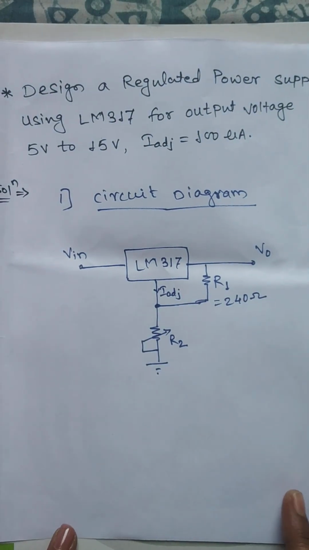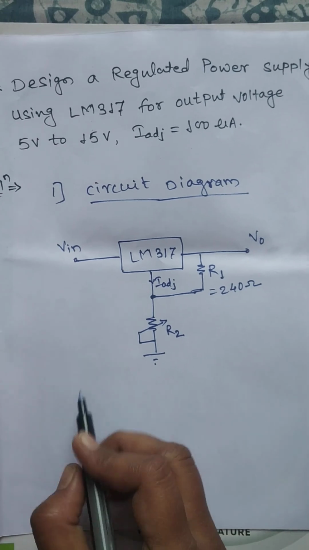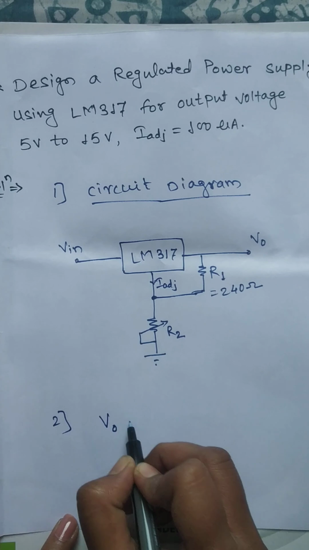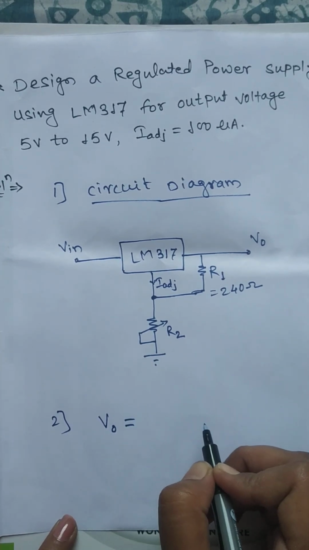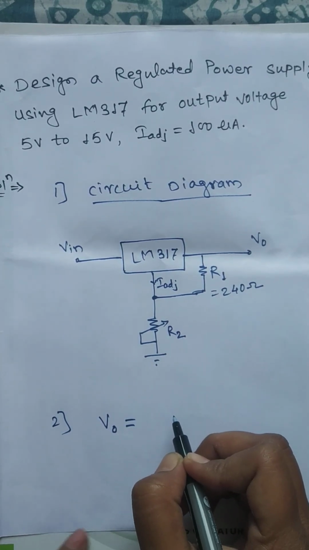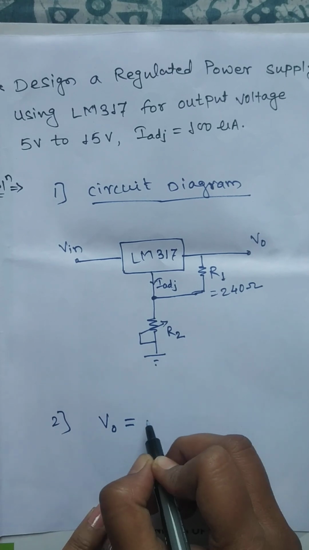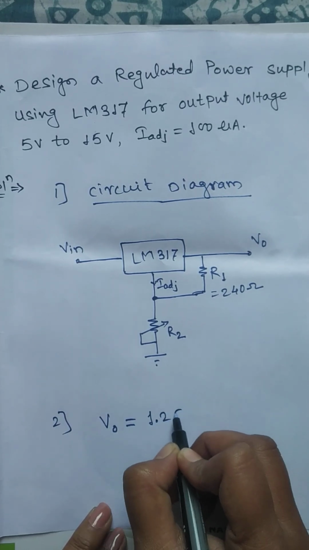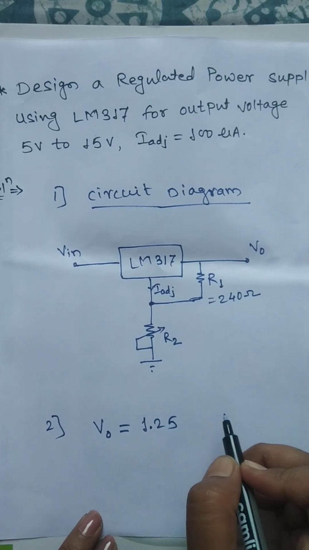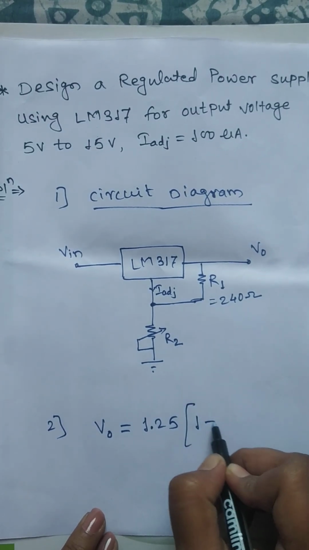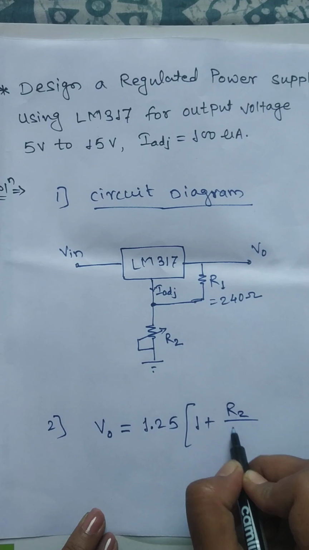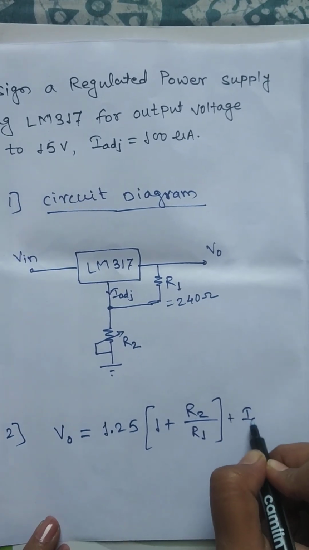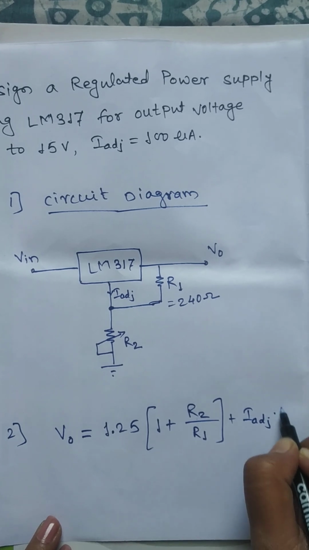Now the next step is you have to remember the formula for output voltage. The formula for the output voltage in this regulated power supply or variable power supply is V output equals V reference, or instead of V reference you can write 1.25 because it is fixed, into (1 plus R2 upon R1) plus I adjustable multiplied by R2.